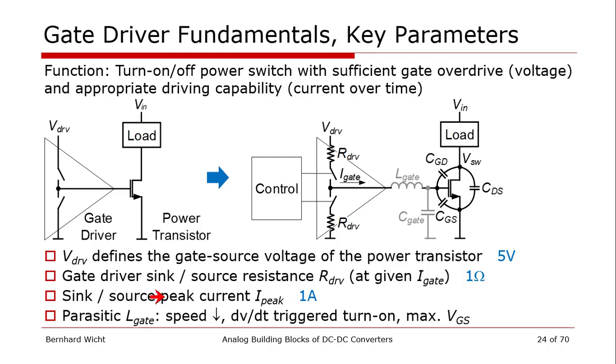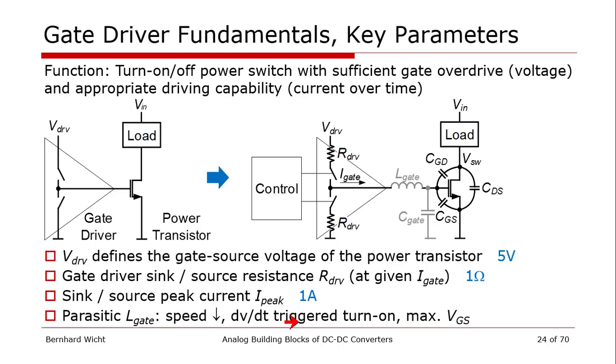And especially if we have external power stages, then our transistor can be a little bit in the distance from the driver, and this connection, this gate line, will be a parasitic inductance at the same time. And that's usually also to be optimized to a minimum, otherwise it degrades our speed.